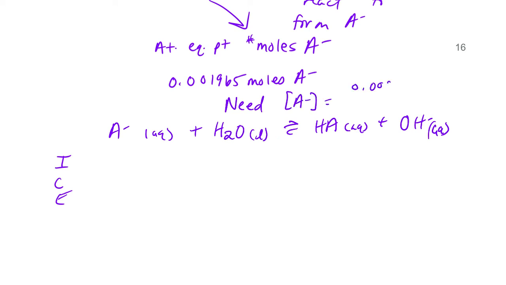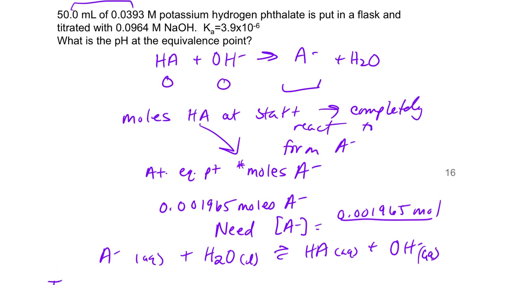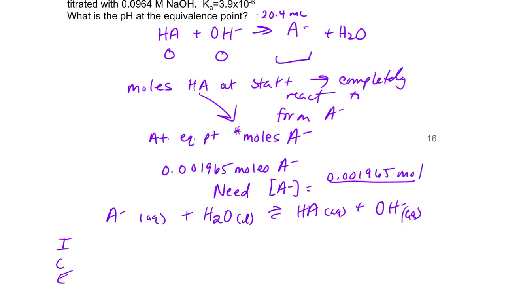We'll take our moles, divide by the total volume. What's our total volume? Okay, we started with the 50 milliliters. We're at the equivalence point. We had to add 20.4 milliliters of base to get there, right? We only know that from having done that problem before.